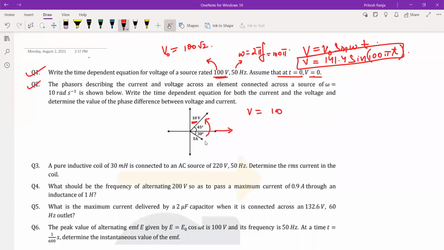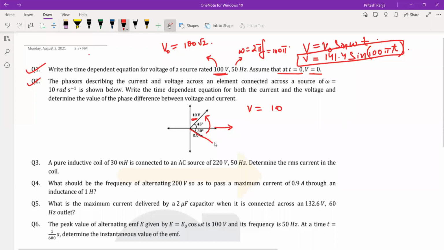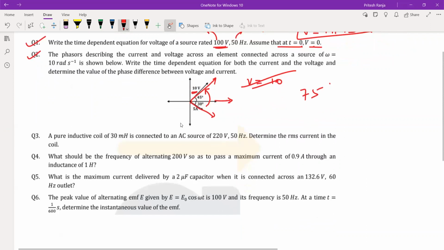The current is in this direction, voltage is in this direction. So what will be the phase difference here? 75 degree, right? We need not consider V and I as well.